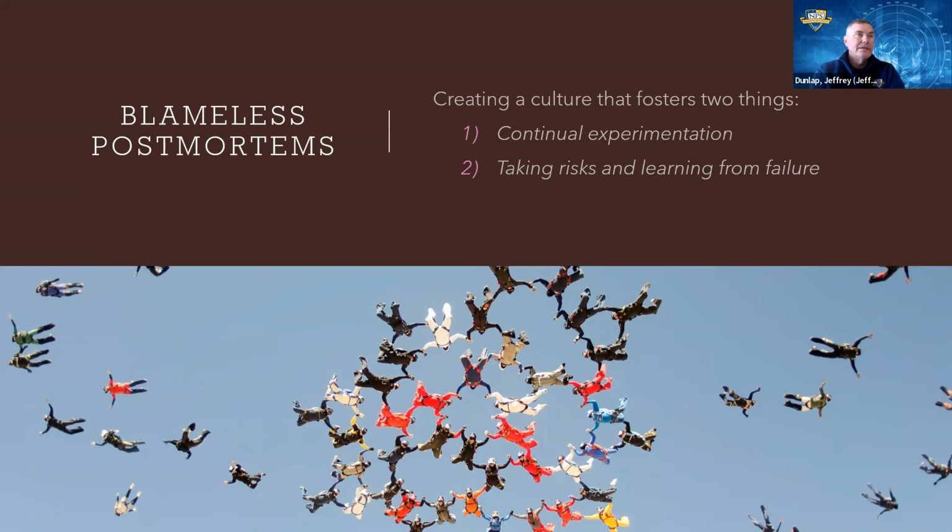We need to have the open kimono type of discussion. And we need to do this in a way that fosters this creative culture, to allow them to do continuous experimentation, taking risk and learning from failure. We got to do this.